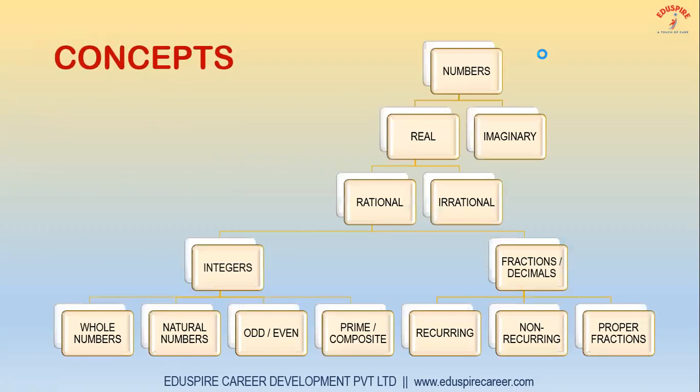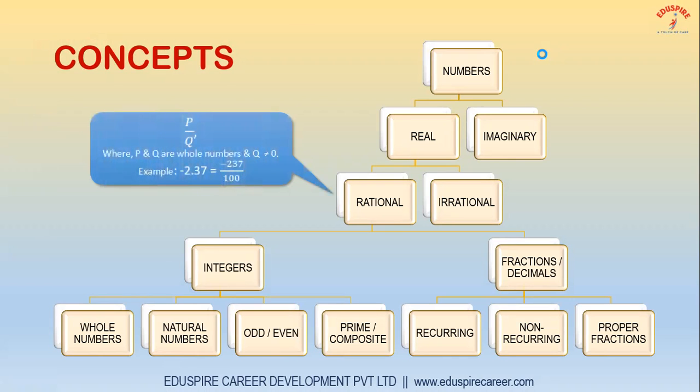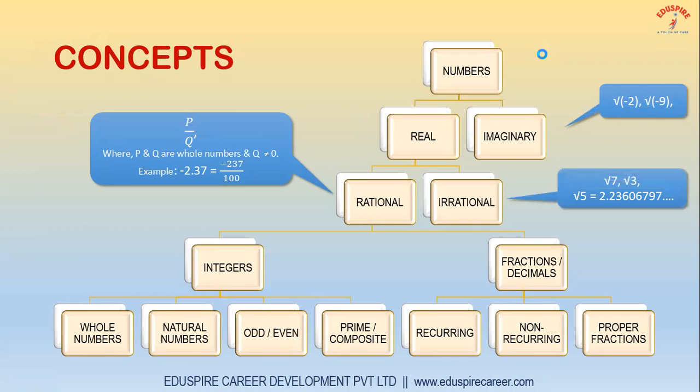As you would realize, we are talking about a wide array of numbers of different categories, starting with real, imaginary, rational, irrational, integers, fractions, and in this chart, I am providing some examples of some types of numbers.